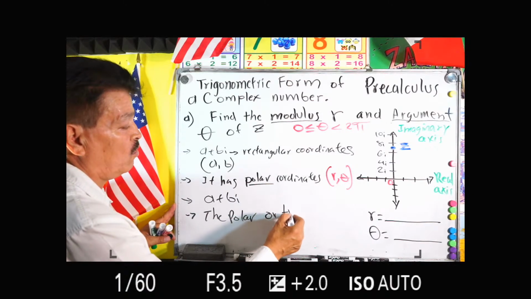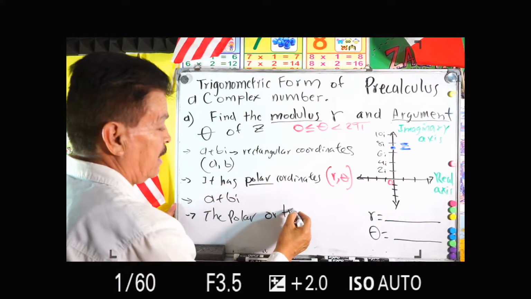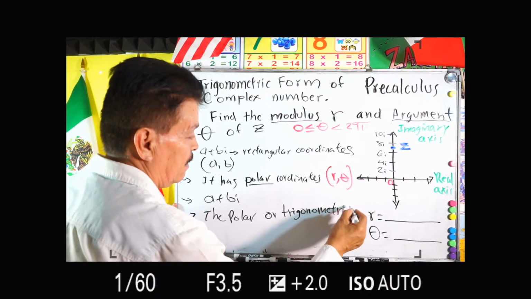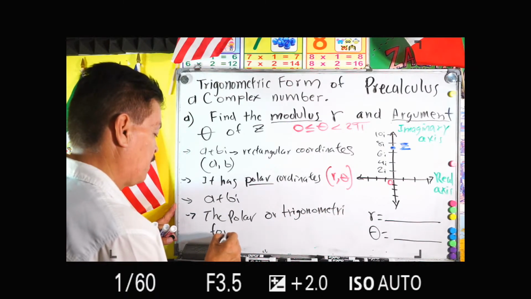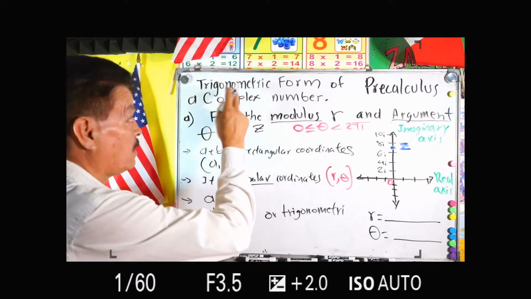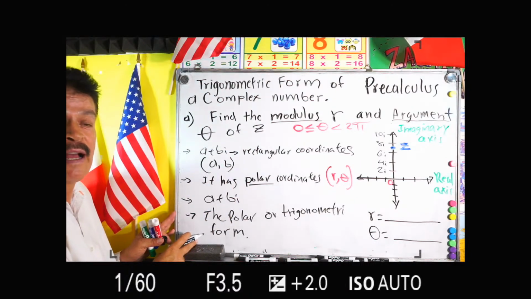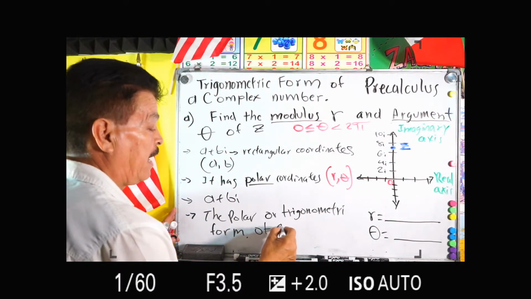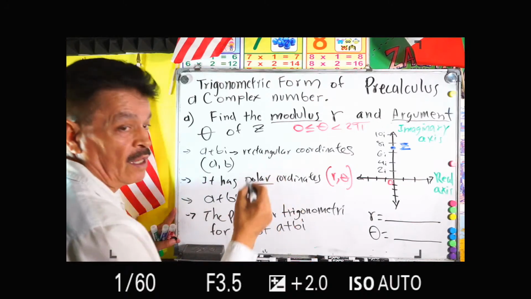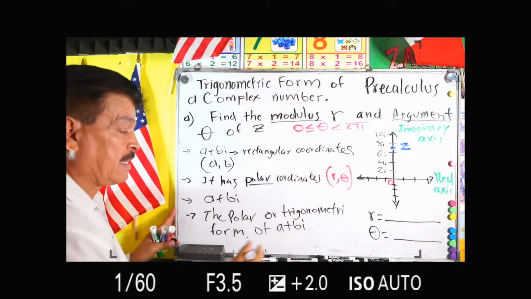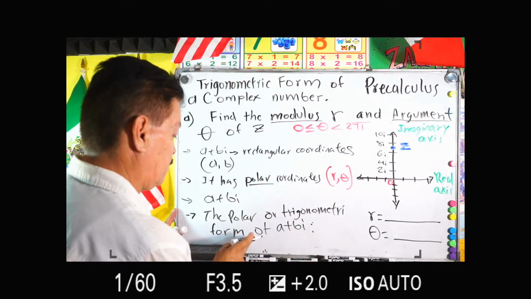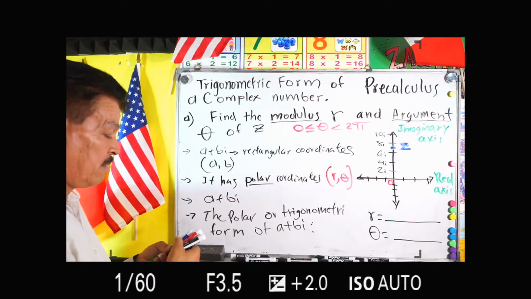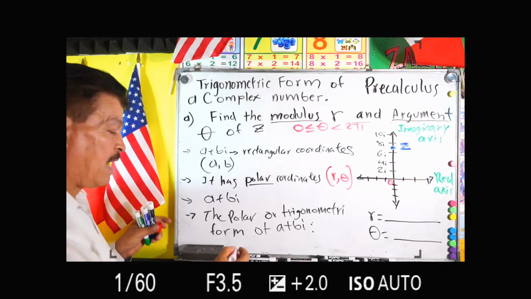Remember, trigonometric form, which is our topic today, of a plus bi, which is going to be our final class, is r.